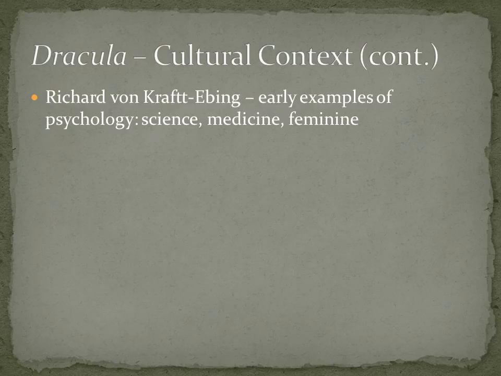There are all kinds of medical problems in the 19th century that were unique to women that were not easy to explain, such as postpartum depression after childbirth. It's really sad, but a lot of women were locked up for being insane due to postpartum depression and other things. So psychology of the feminine was a new and important thing, and certainly plays a role when you see what happens to Mina and Lucy.